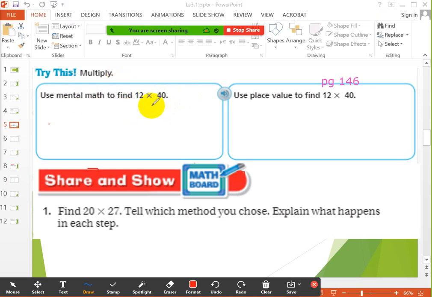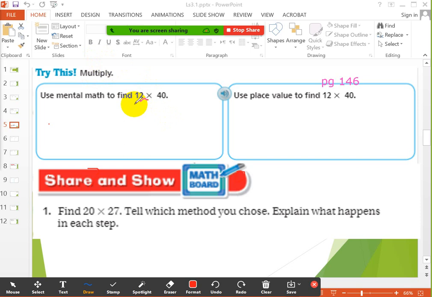I want to multiply 12 with 40. Okay, so it's not easy for me to multiply a 2-digit number with a 1-digit number. What should I do here? So I have to break down the 12 into 2 parts. That means I will take the half of this number.